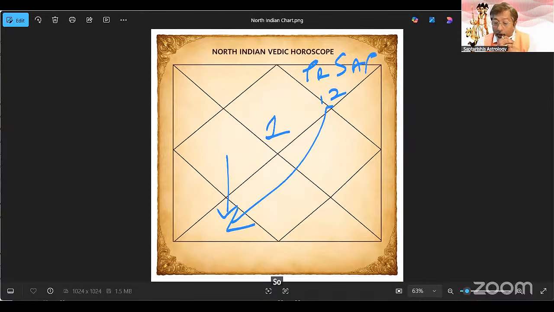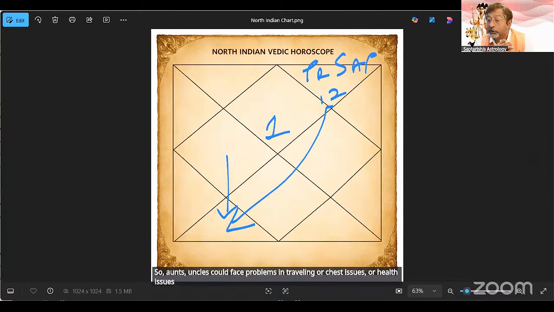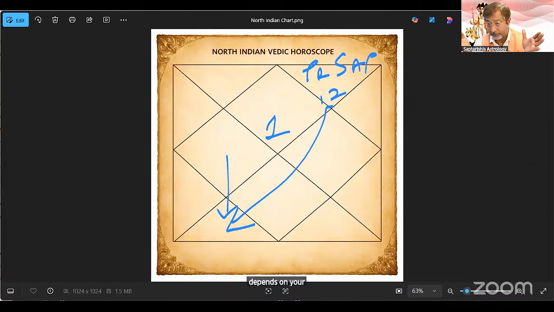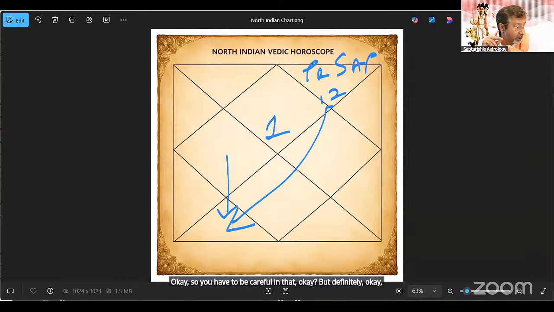So aunts and uncles could face problems in traveling or chest issues or health issues, depending on your age. Are you all understanding, everybody? So you have to be careful in that. But definitely, stomach problems can creep in, especially it can lead to constipation problems. So you've got to eat a lot of greens.